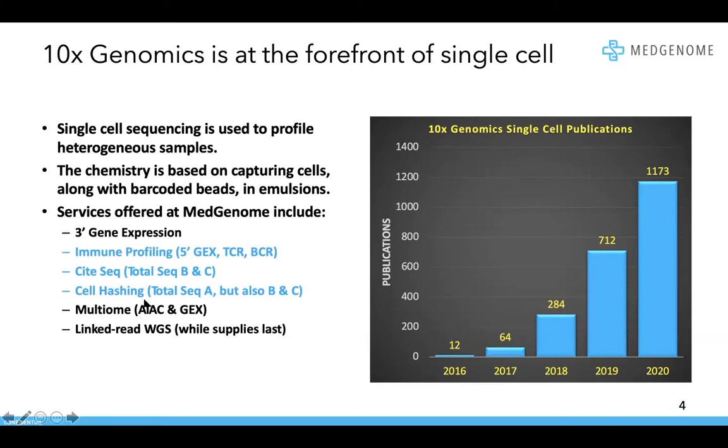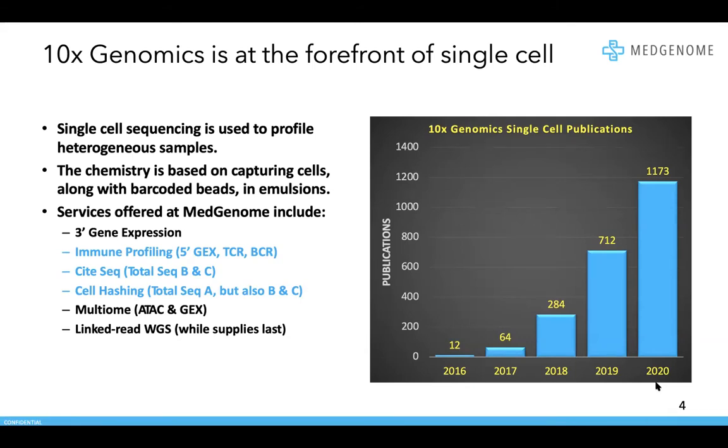And I listed just a few. I think this is everything we offer from 10x here: 3' gene expression, immune profiling, which includes 5' TCR and BCR, CITE-seq, cell hashing, multiome, and linked read whole genomes. That's a discontinued kit, but I think we still have a few kits in-house. And I have this file here, just, why are we talking about single cell?